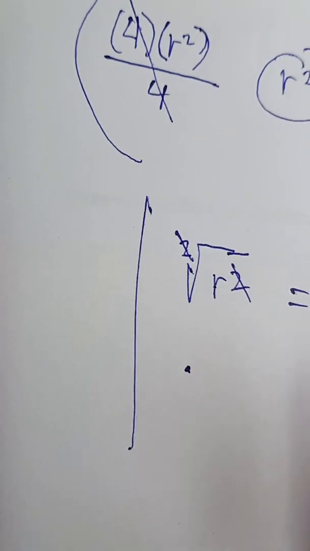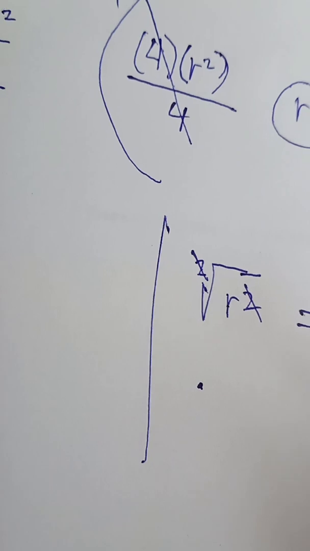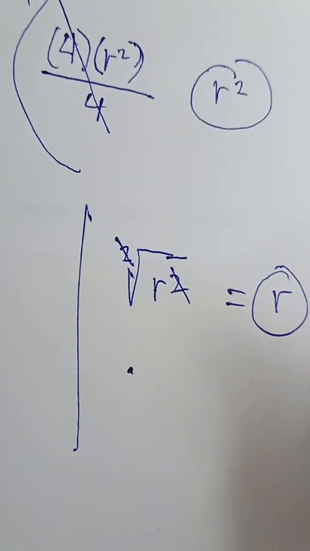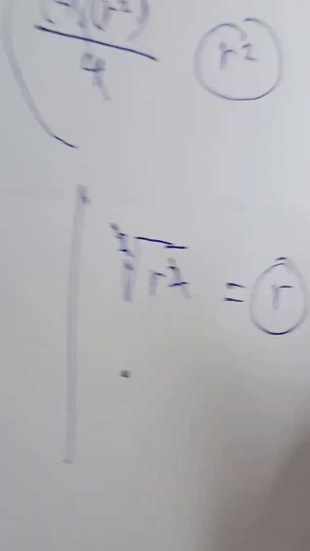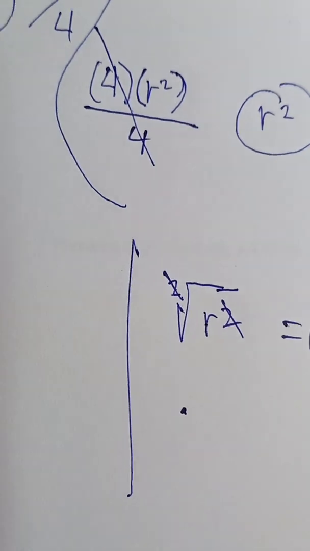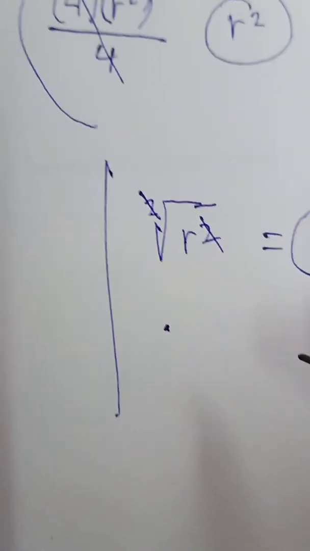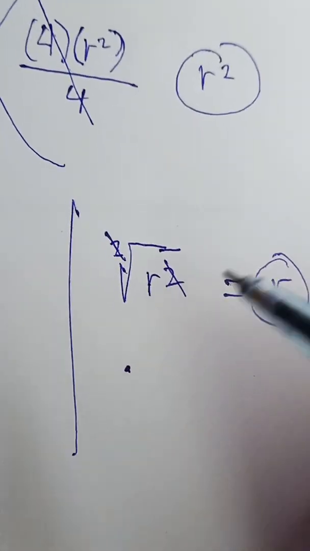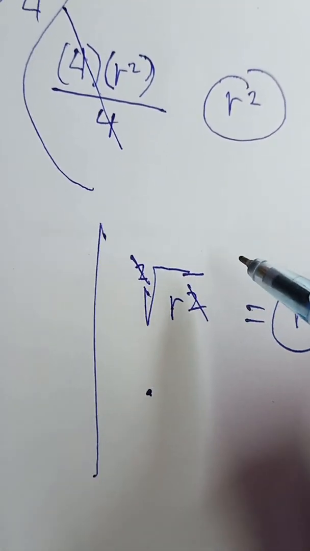At meron yan process talaga na sinusunod. Pero para mas madali siyang masagutan, ginagawa na lang natin ng shortcut para mas madali. Pero actually meron siyang process or procedure kung paano natatanggal or nakakancel yung mga index na yan.